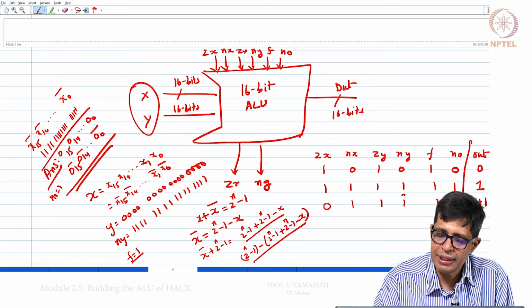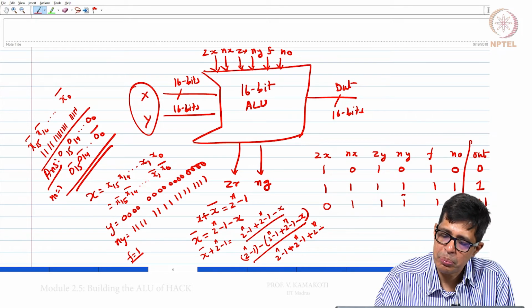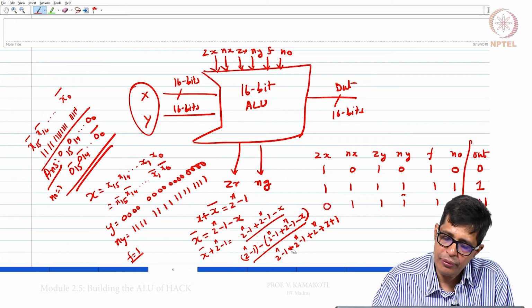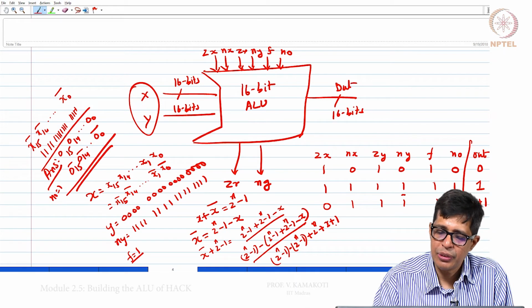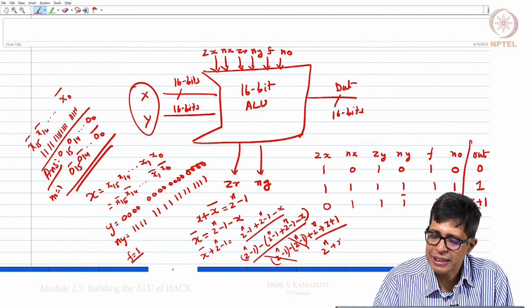So, essentially this becomes 2 power n minus 1 minus 2 power n minus 1 plus 2 power n plus x plus 1, right. So, these two get cancelled. Finally, we have 2 power n plus x plus 1.